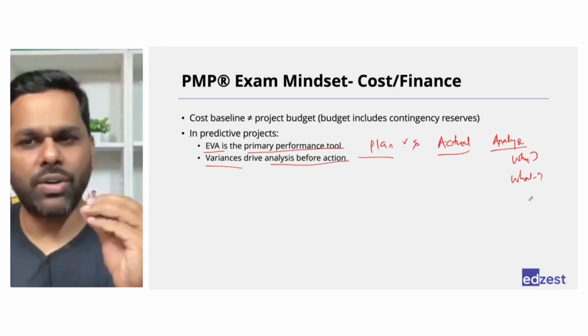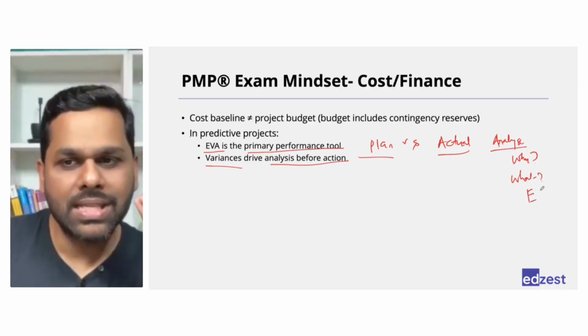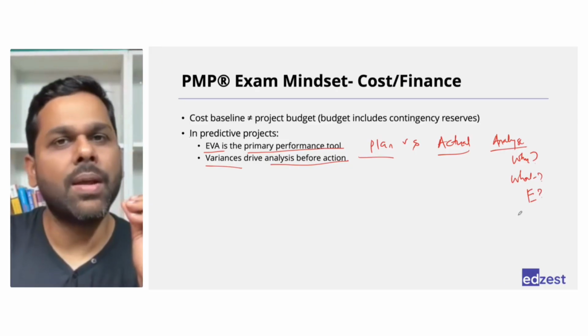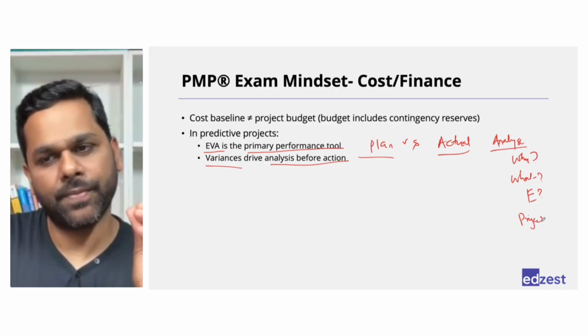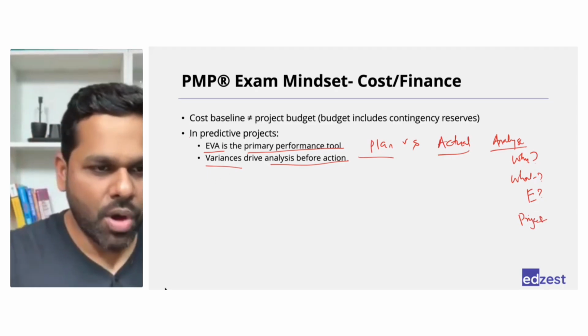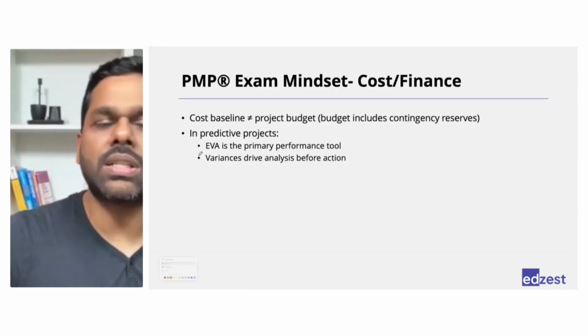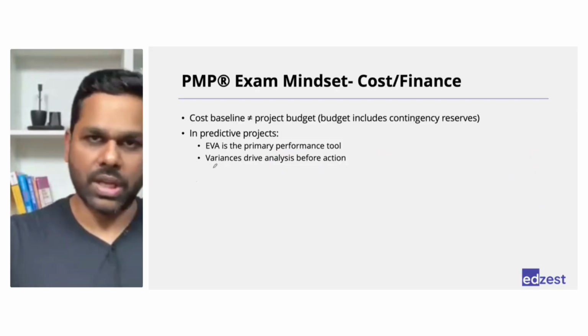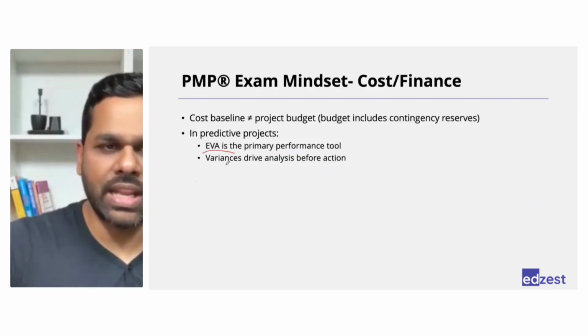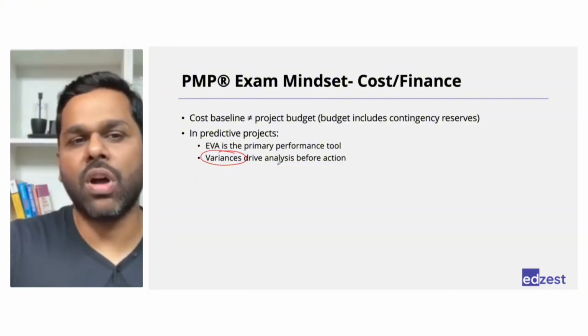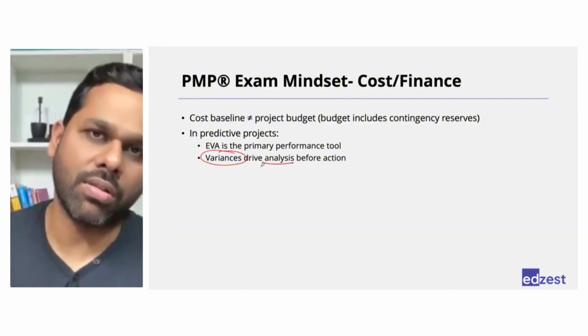In what can be done, you will have 3 to 4 options that these things can be done. Select that choice which will be maximum or most beneficial for your project. Right? So whenever you are monitoring the performance, you need to understand the plan versus actual. If both are same, good. If both are not same, which means there's a variance. Whenever there's a variance, always look for root cause analysis and then solve the problem.